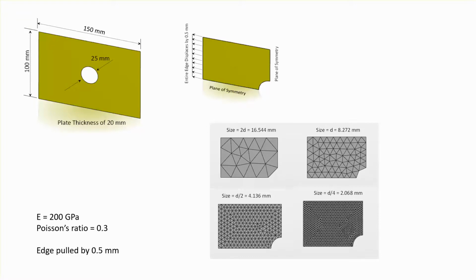Okay, now in the chapter, I've done four different meshes, but here I will do only two. For example, I will do the one on the right side, 8.272, and the one on the left bottom side, which is 4.136 inches.